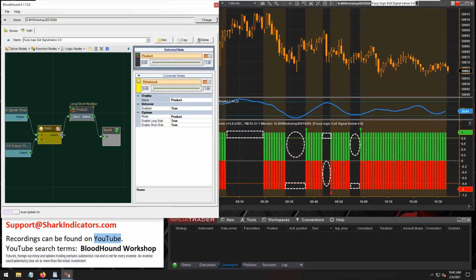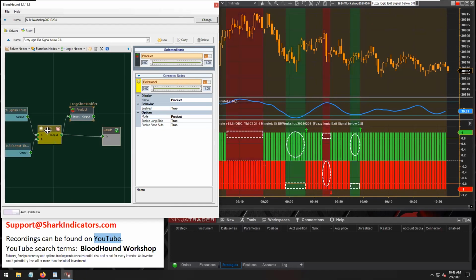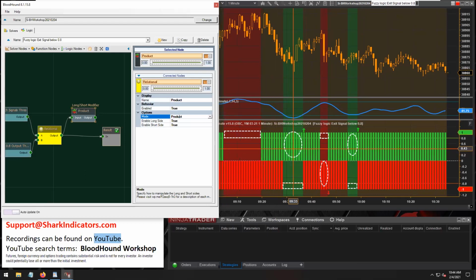Well, let's take a look at what's going into the long short modifier, right? And so the long short modifier is set to product multiplication. So this is one of those rare cases where the long output and the short output are actually combined together to perform a function here.